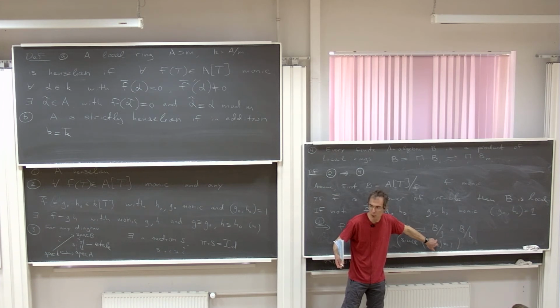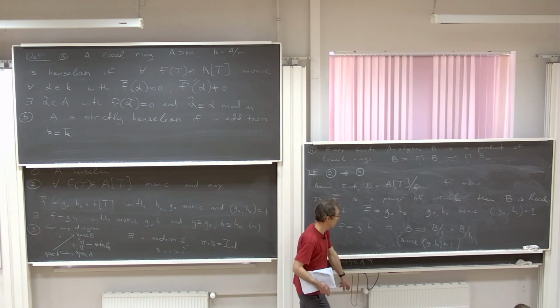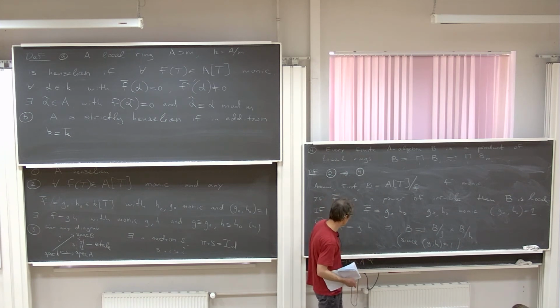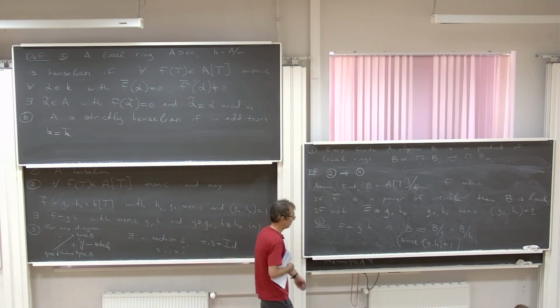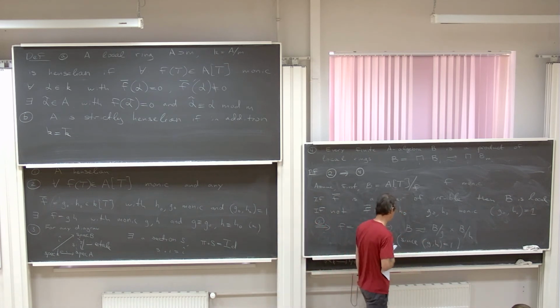But I know that it's true modulo the maximal ideal, and then by Nakayama lemma, if you have two monic polynomials which are coprime modulo the maximal ideal, they are coprime themselves.